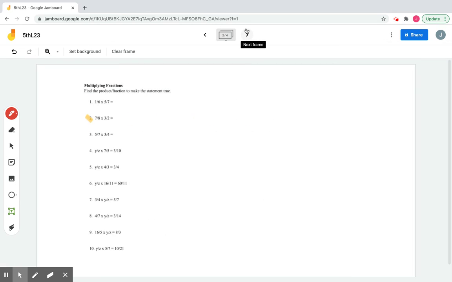The next one is multiplying fractions. We're gonna do number 2: 7 over 8 times 3 over 2. When we multiply fractions, I'm going to multiply across, multiplying the numerators and then the denominators.